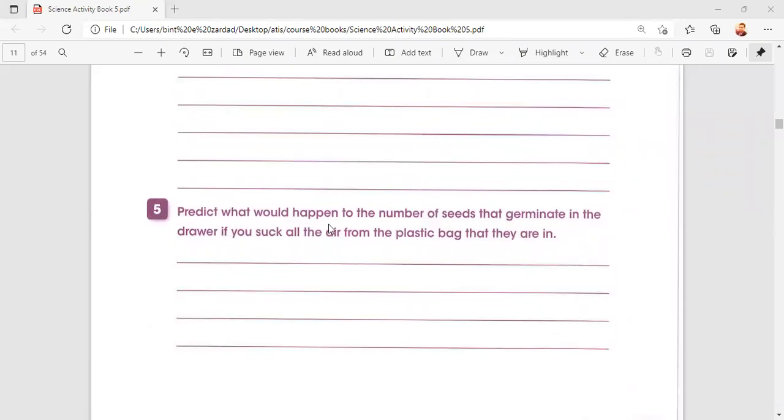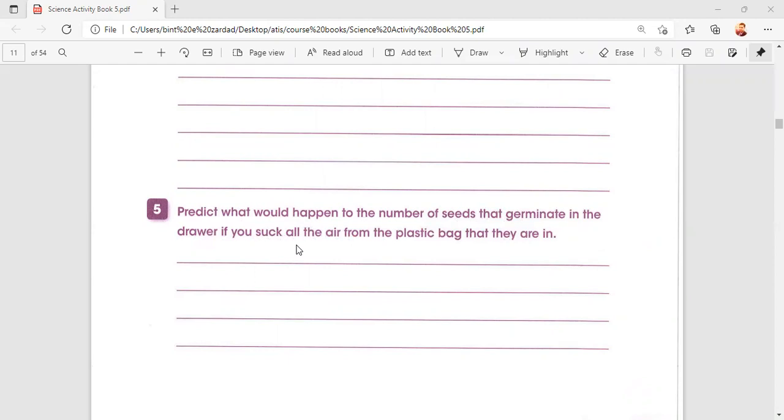Predict what would happen to the number of seeds that germinate in the drawer if you suck all the air from the plastic bag that they are in. Obviously, if you suck out all the air, seeds cannot germinate. Not a single seed germinated.